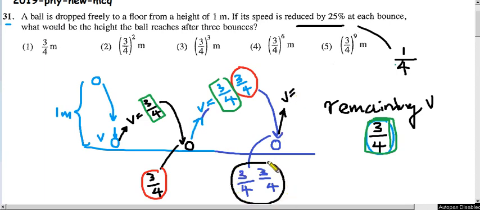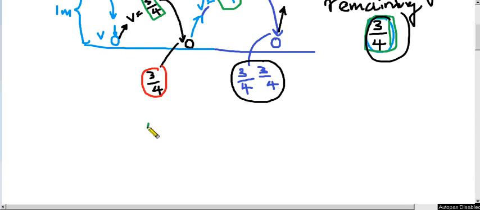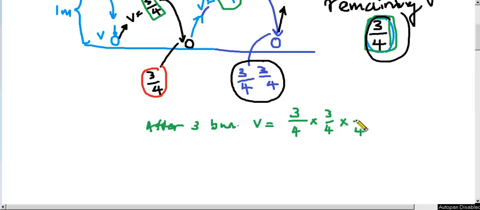Initial velocity times 3/4, like this. This is the final velocity. Now we know after 3 bounces the velocity equals, we don't have to simplify, 3/4 times 3/4 times 3/4.